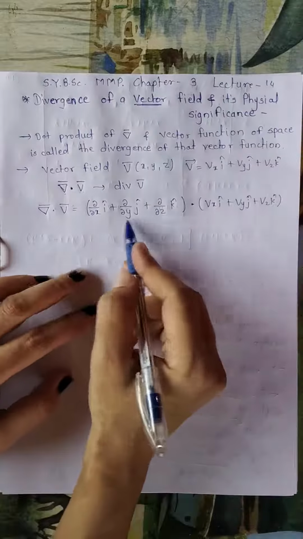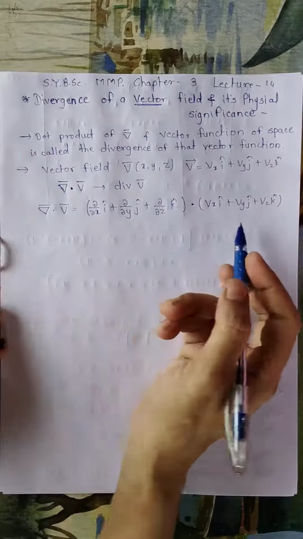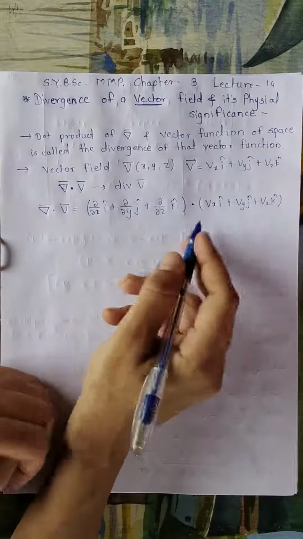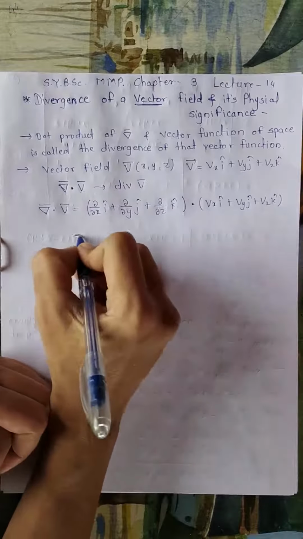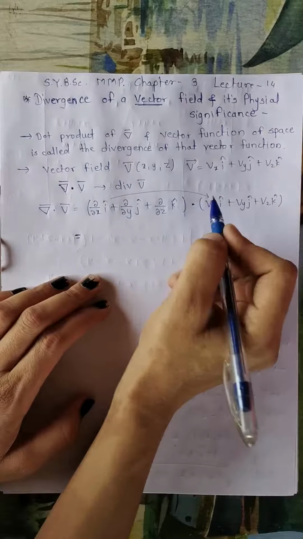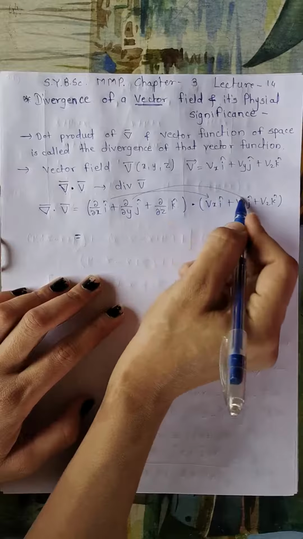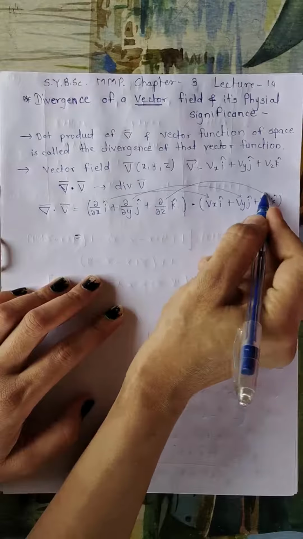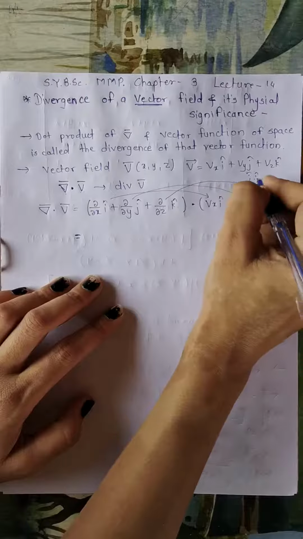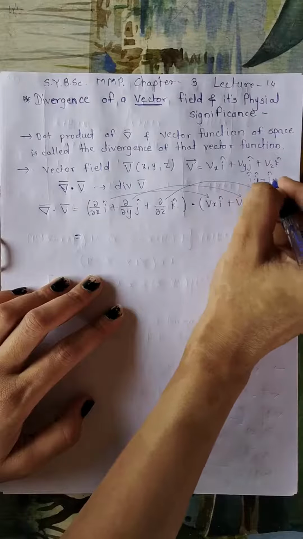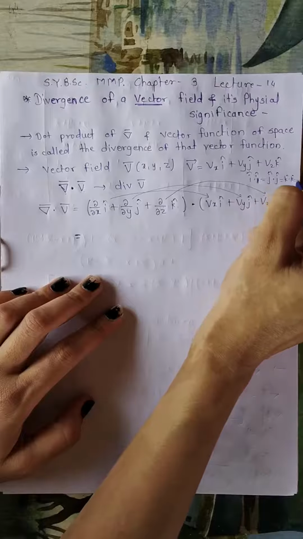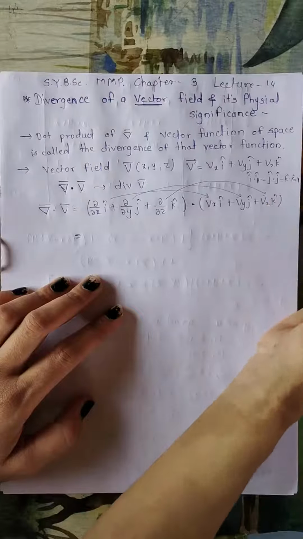And you know that the dot product of two vectors is nothing but a scalar, so we should get this dot product as a scalar quantity. So let's find this dot product: first component, then second and third. Here i dot i, j dot j and k dot k are 1. This you know, right?